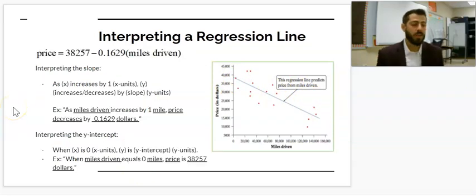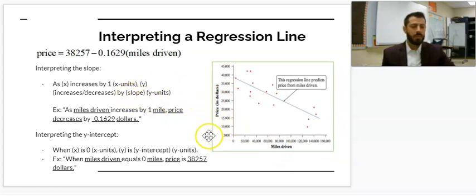Now, the way we interpret the slope, we have a format here that you should probably memorize. Everything that's in parentheses is something that you would fill in the blank with, right? So if I'm going to interpret the slope for this scenario, my x is my miles driven. My units for x are miles. My y is price. My y units are dollars.